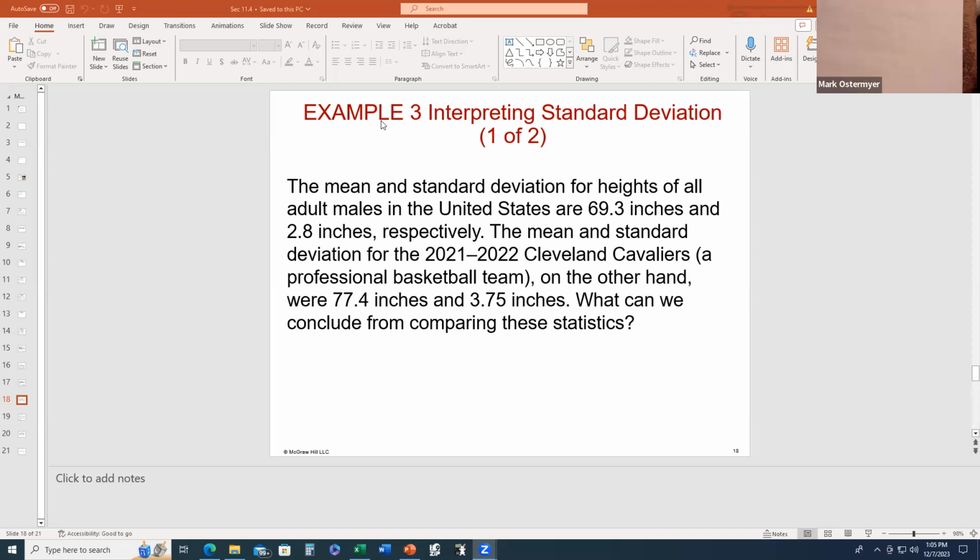What do you think? Exactly 70 inches tall. You think that's going to work for everybody? No, that's going to fall short a little bit too, because if you add the standard deviation of 2.8 on to 69.3, you're looking at almost 72 inches. Do you agree?